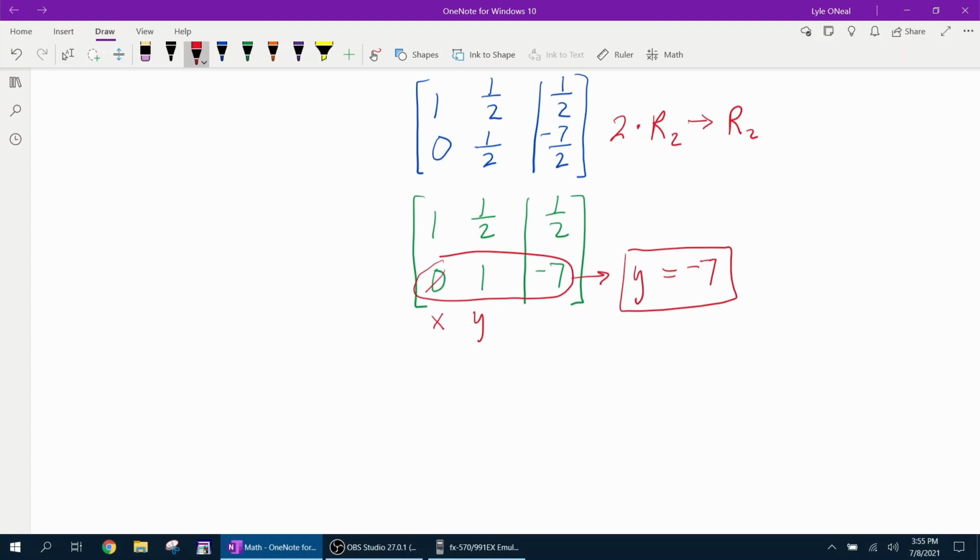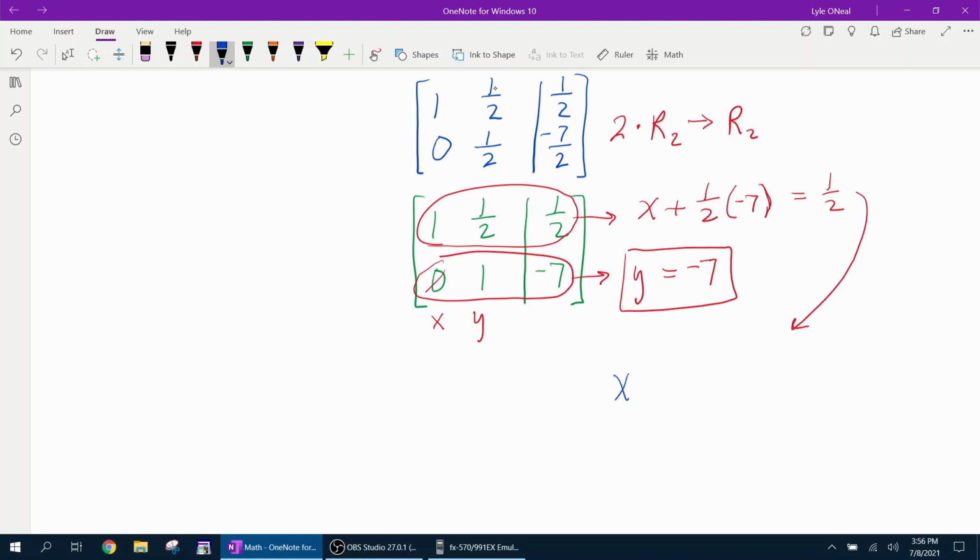Once we know y, we can get x by going back up a step, translating this back into an equation would give us x plus 1/2 y equals 1/2. But I already know what y is. y is negative 7, so I can substitute for y, and then I can solve this equation for x.